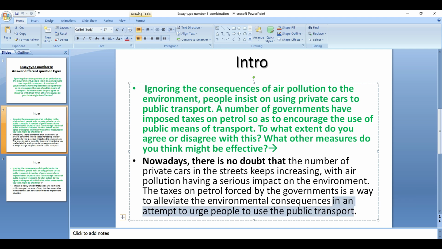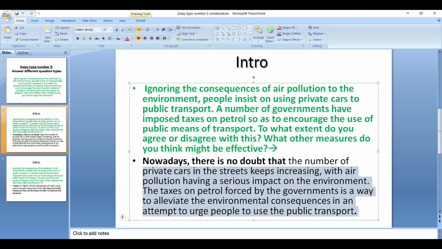Is a way to alleviate the environmental consequences in an attempt to urge people, instead of saying so as to encourage people to use the public transport, and this cannot be easily paraphrased, again, without sounding weird. So far so good. It is a combination essay, but all I did was start from a general statement that I can use with every type of essay and just paraphrase the main part of the topic.